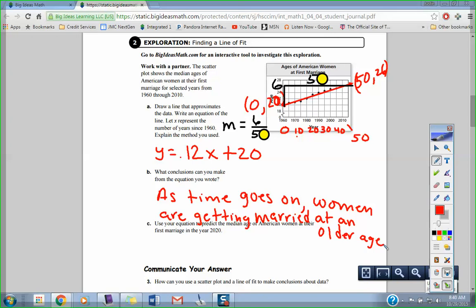How old will you guys be in 2020? 20? 20 in 2020. That's a lot of fun. Maybe if you buy 20 lottery tickets when you turn 20, you might have $20 million.